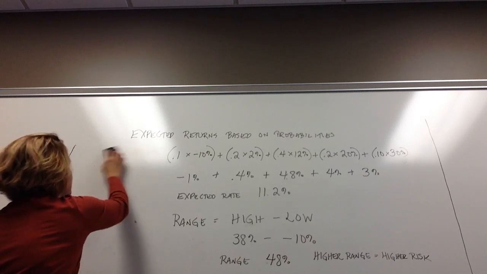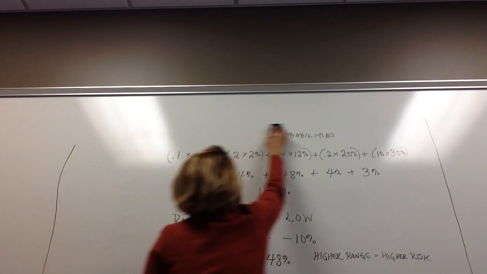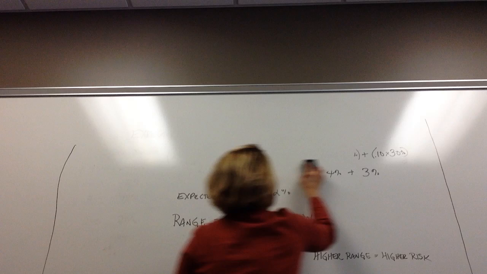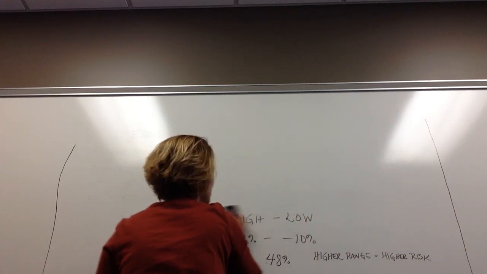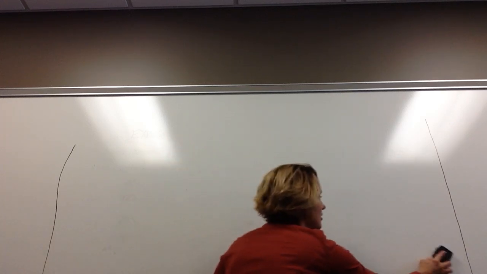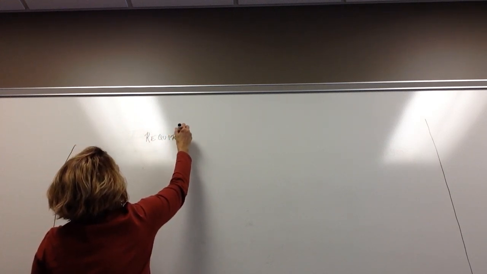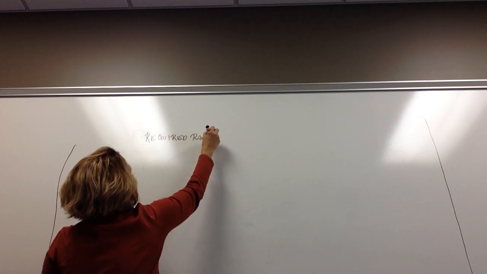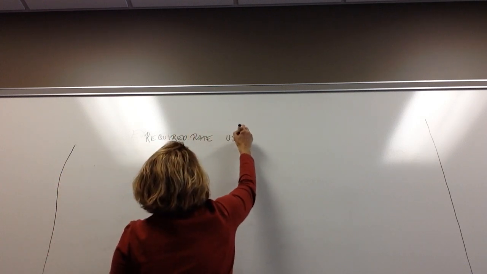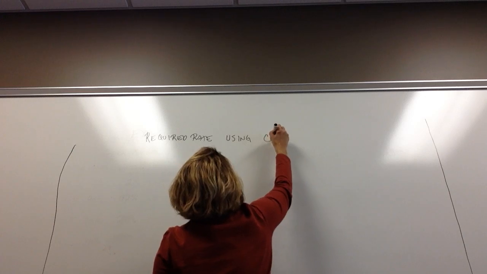So let me erase this. What we will use is what the textbook calls the CAP-M formula. This is our required rate of return, the required rate to compensate us for risk, and it's using the CAP-M formula.